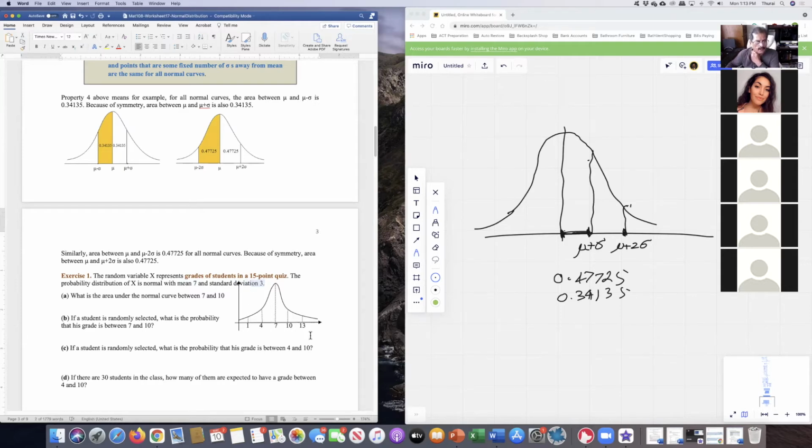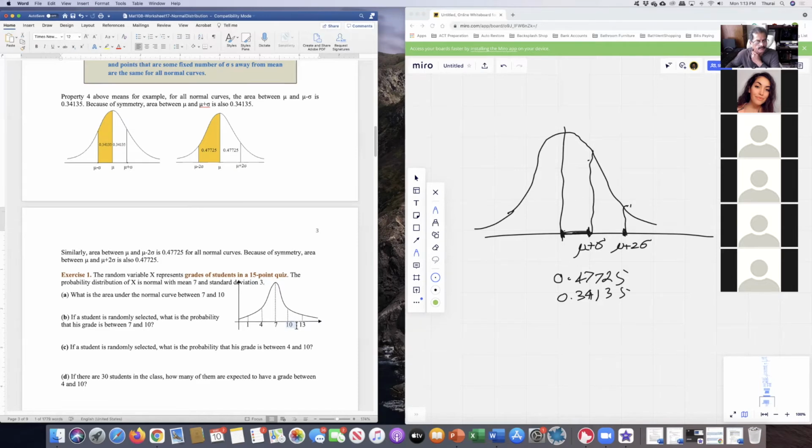If you draw the normal curve for this quiz grade, it's going to be like the one I'm showing in this picture. The mean is the middle, so 7 is in the middle, and mu plus sigma is 7 plus 3, 10. Are you following me?